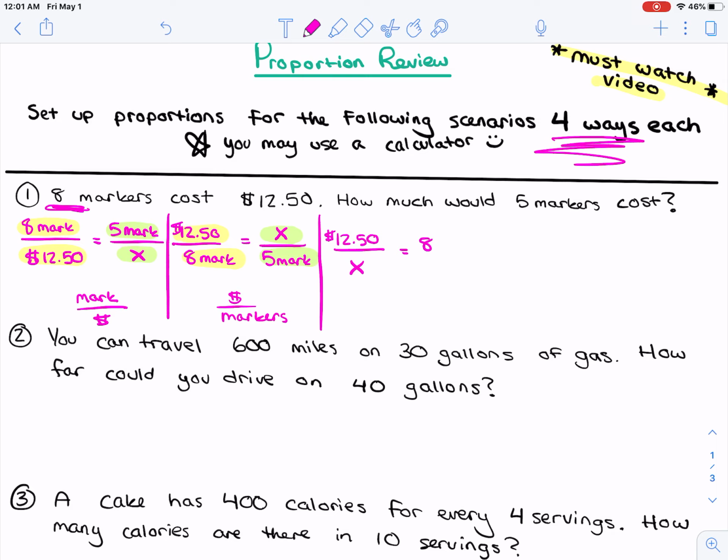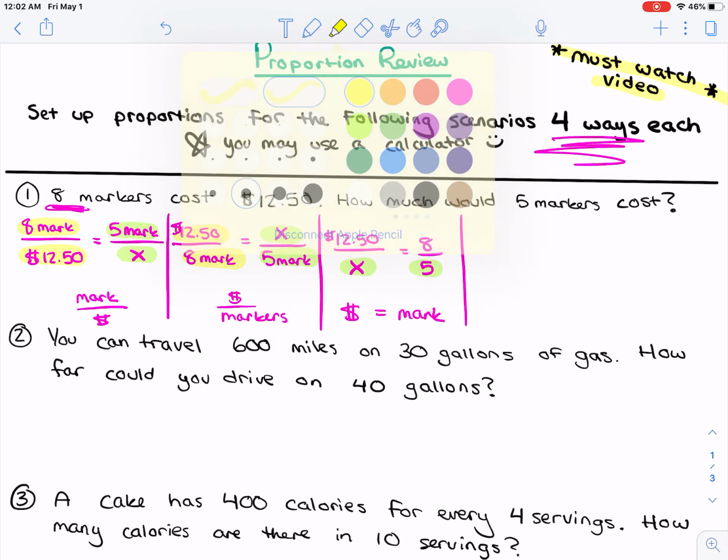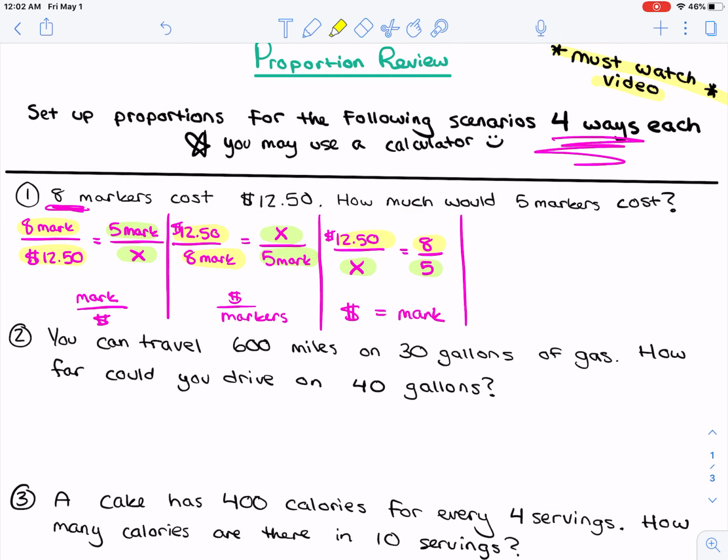So I'm going to put my 8 on the top and then my 5 on the bottom. So again, I did money equals markers. Okay, and you could have done markers equals money. That's just how I personally chose to set this one up. And again, if we're going to color code it, this time we have all of our green ones on the bottom and all of our yellow ones on the top. So as long as you're keeping everything that's related on one side somehow, you're going to be good to go.